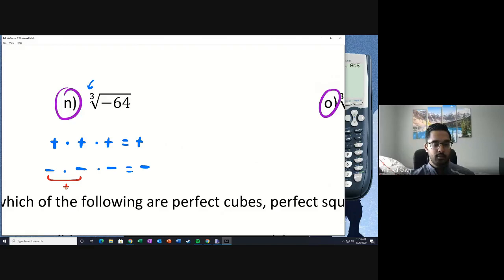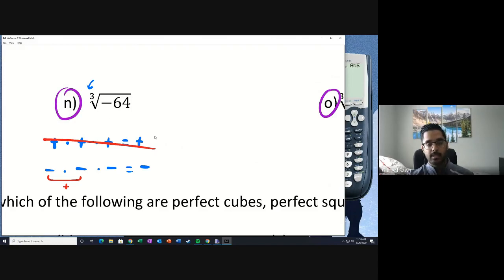Now that positive in red multiplied by the negative that's left over in blue, that gives us that negative sign. Now I know I need to have a negative 64, so I can't have the top case, which means that I can actually take the cube root of a negative number. Because if I have 3 negatives, 2 of them cancel, give me a positive, but the leftover one always changes it back to a negative. So I can do this, I just have to figure out the value that makes it possible.